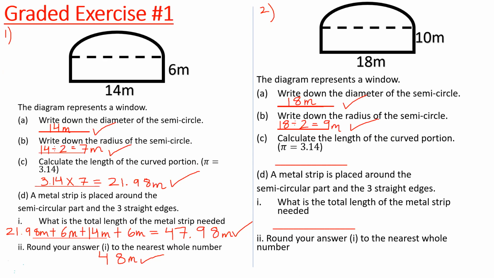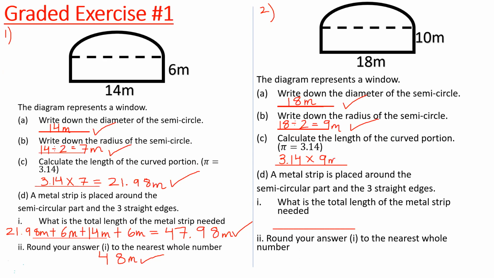Now, how are you gonna get C? What are we gonna do for C? We gotta multiply 3.14 times 9. So it's gonna be 3.14 multiplied by what? The radius, which is 9.